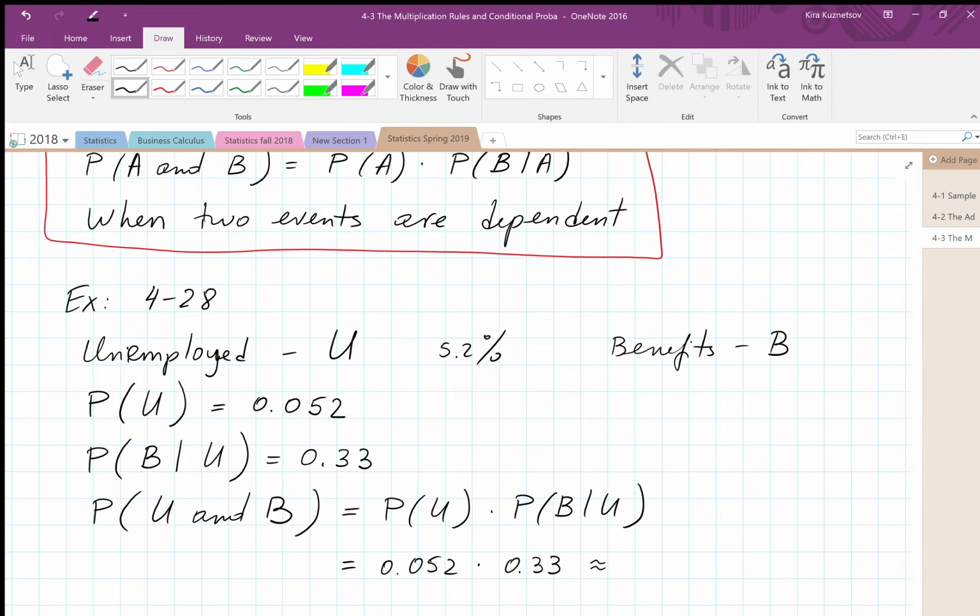I'm just taking out my calculator. 0.052 times 0.33, rounded correctly to 4 decimal places, I have 0.017, and then I have 1/6, so I can either write it as 1/6 or a 2.